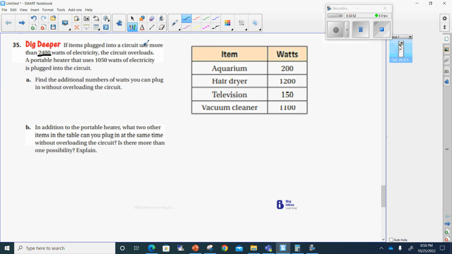So remember, it says use more than. So in other words, it can equal it, right? So we know it has to be less than or equal to 2,400. It says we got 1,050 that we plugged into it.